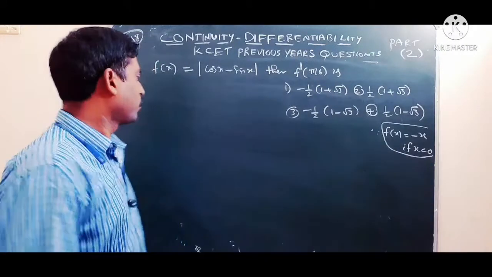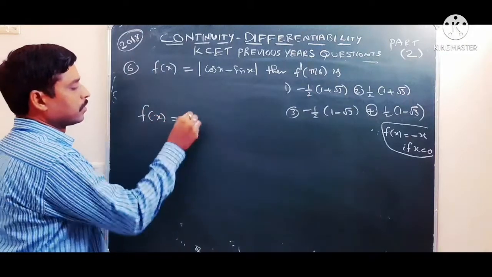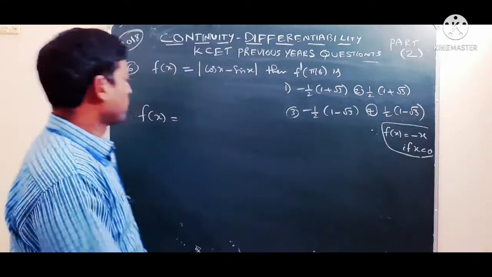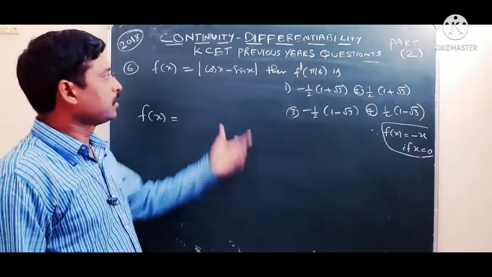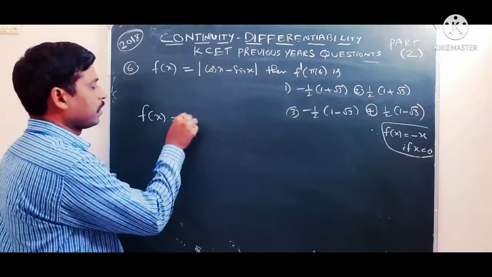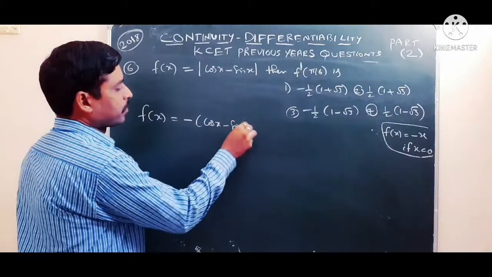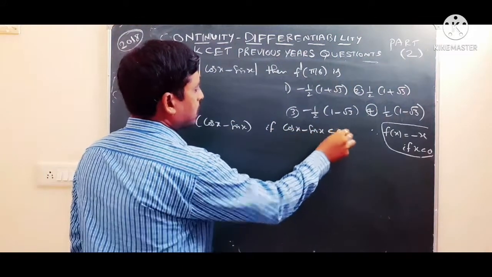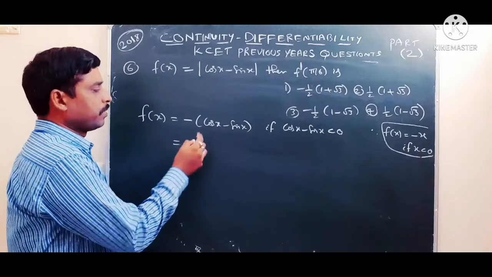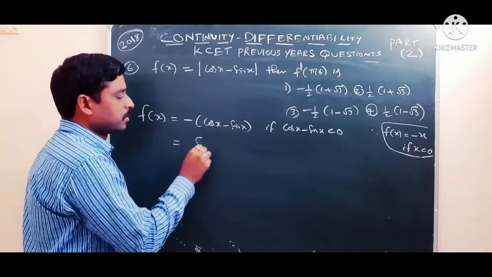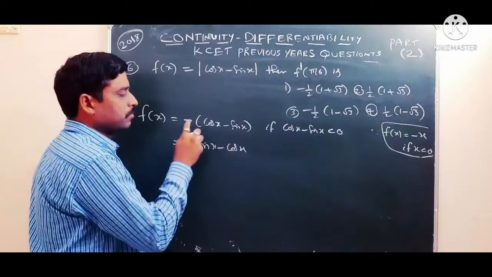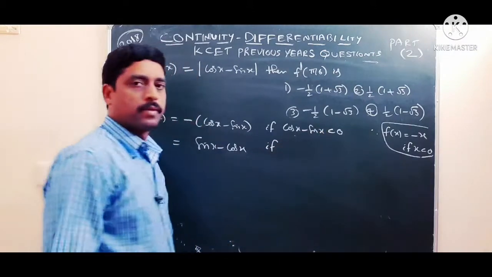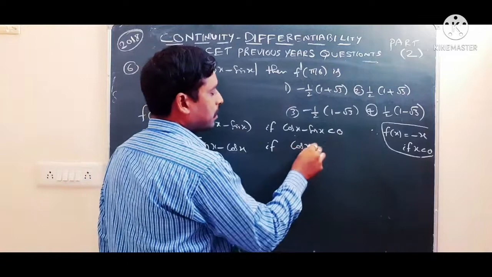So what is the second case? f of x is equal to minus x if x is less than 0. In this, the x value is cos x minus sin x. So f of x is minus of cos x minus sin x, when cos x minus sin x is less than 0. This is going to be minus 1 multiplied with these two functions, that is sin x minus cos x. If this condition, bringing minus sin x to the right side, cos x is less than sin x.